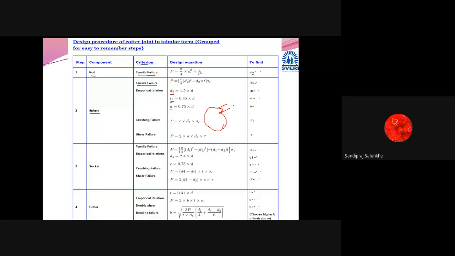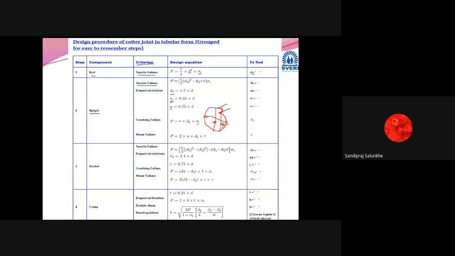This is the total diameter of that spigot, and this part is undergoing the crushing stress. So we have considered this as an area: cross-sectional area multiplied by crushing stress. Cross-sectional area is this total diameter multiplied by this thickness.